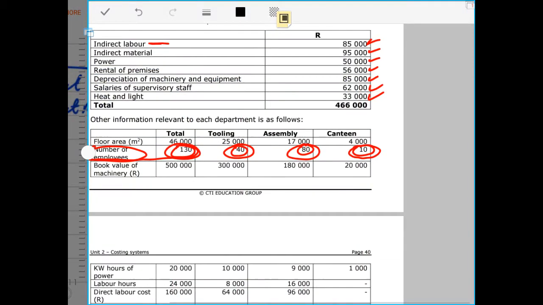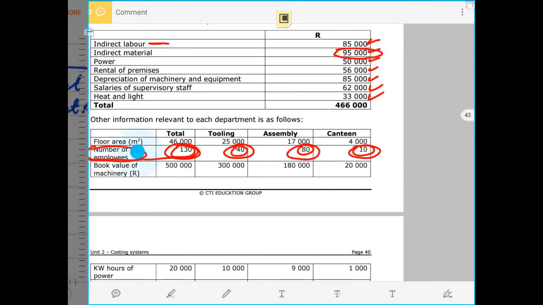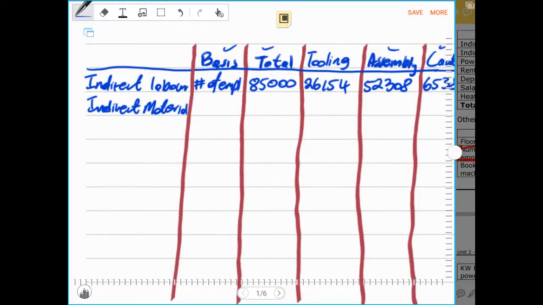The indirect material cost will obviously be in the proportion of the direct material. So the indirect material cost is 95,000 rands. 95,000 rands is the total of the indirect material. Under total, we write 95,000.